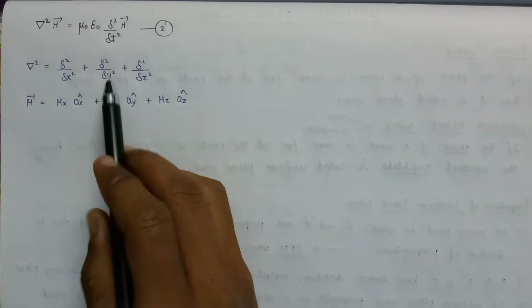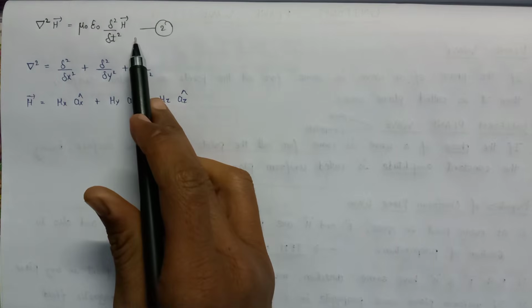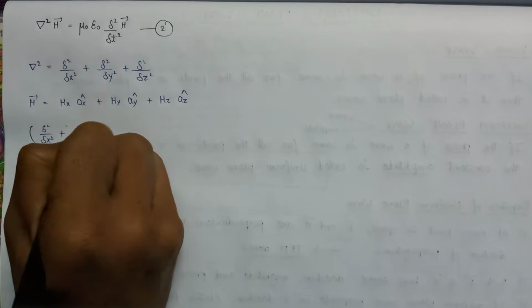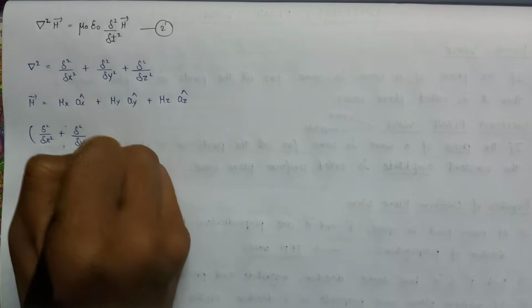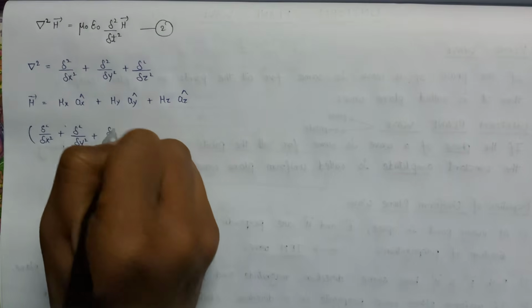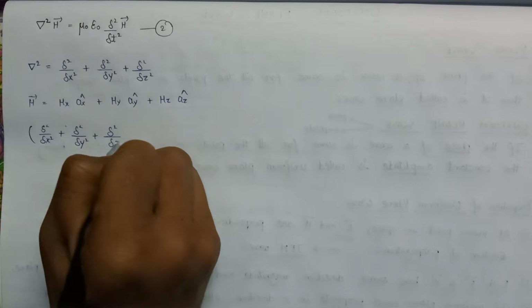If we substitute these both values in the above expression, then we get, in place of del 2 we first write this expression, that is del 2 over del x square plus del 2 over del y square plus del 2 over del z square.